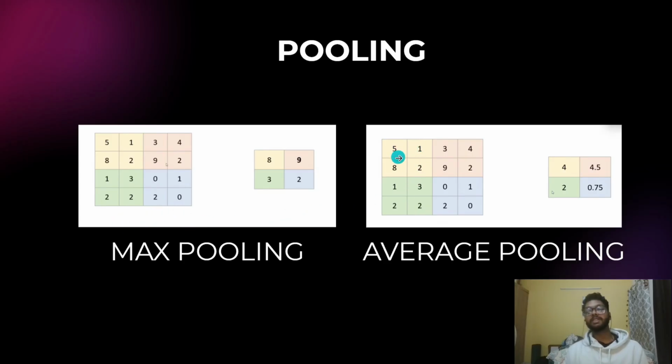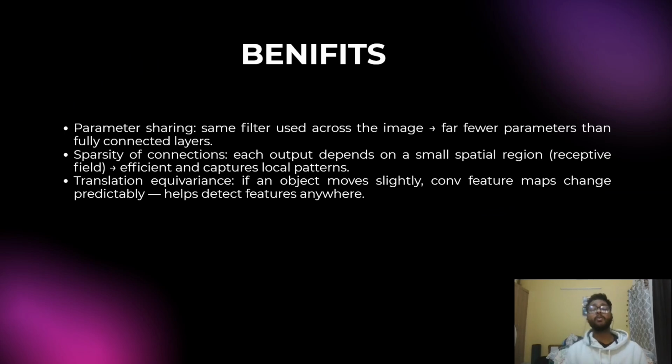When we replace it by the average value, it is called average pooling. The main idea of pooling is to maintain the features and reduce the processing that is required, that is, reduce the image size. Now, what are the benefits? The benefits of using this are parameter sharing, sparsity of connections, and translation equivariance.